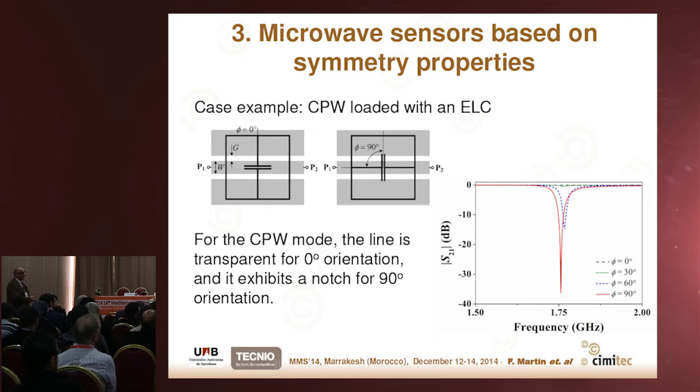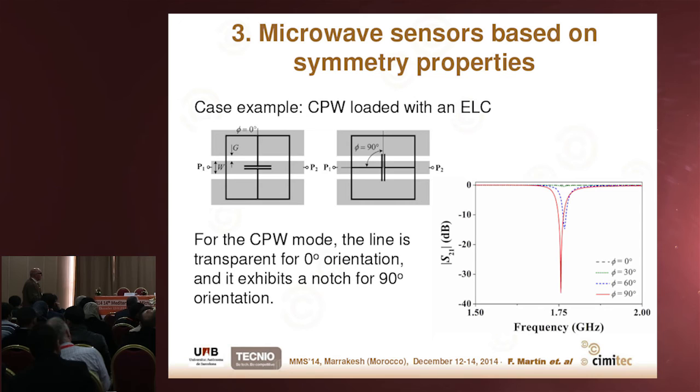Another interesting particle, as I mentioned before, is the LC resonator. In this case, if we load the CPW with this resonator, we have two extreme situations. This is the 0 degree situation and the 90 degree situation. For this resonant particle, there is an electric wall for the fundamental resonance here.